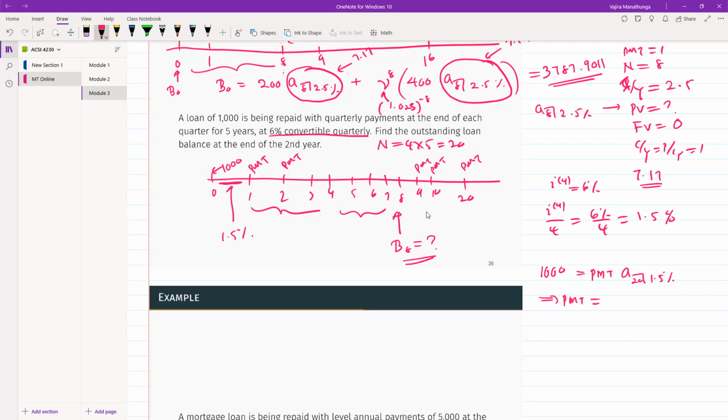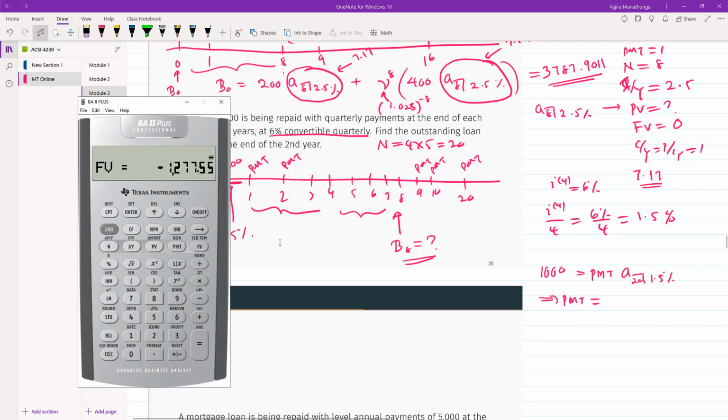I'm going to use my calculator. Okay, so present value is 1,000. Future value is 0. Rate is 1.5. Then there are 20 payments. Then I would compute the payment. So it's $58.25.